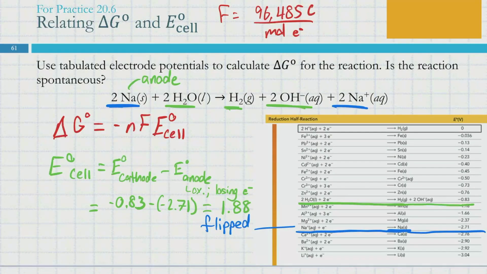All right, so that gives us this standard cell potential. F is a constant, so we don't need to worry about that. We've got it up here. What is N in this case? Yeah, so N is the coefficient on our electrons. We don't have electrons showing up in our equation, so we have to figure out how many electrons are being transferred. If we look at our sodium half reaction, it has 1 electron in it. We've got a coefficient of 2 on our sodium, though, as opposed to the 1 in our half reaction. So that means that we've doubled it, so that would be 2 electrons.